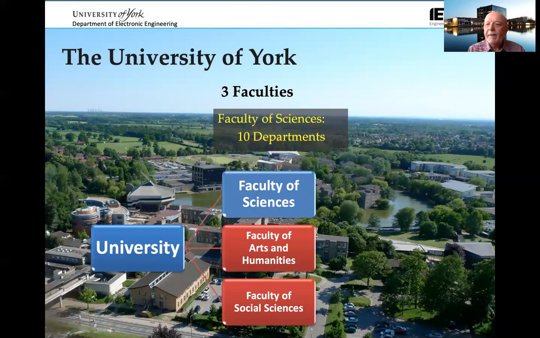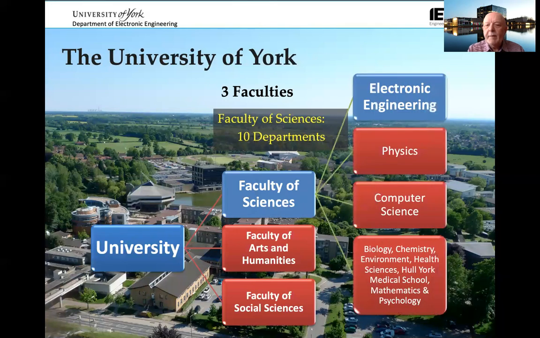And within the Science Faculty, which is the one that we're in, there are 10 departments. So these include some of the ones that you might expect in the Science Faculty, such as Physics and Computer Science and Biology, Chemistry. It also includes Environment and Geography, Health Sciences, Maths and Psychology, for example. And this is where the Electronic Engineering Department fits within the structure of the university.